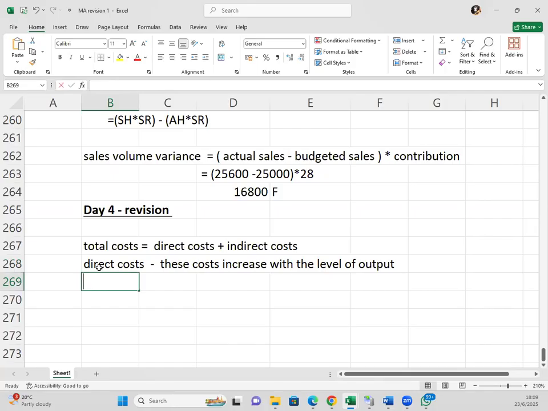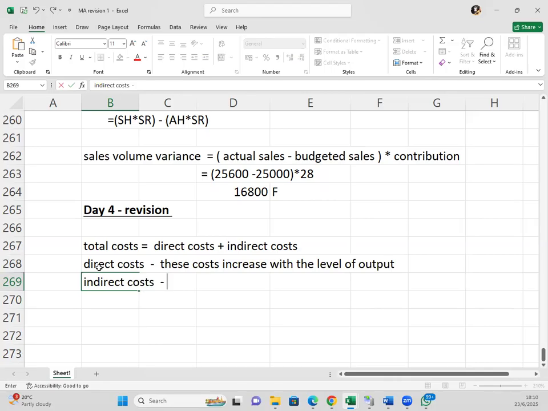Then the indirect costs do not increase with the level of output. In other words, the indirect costs are fixed in nature. Let's think of rent as part of indirect costs.